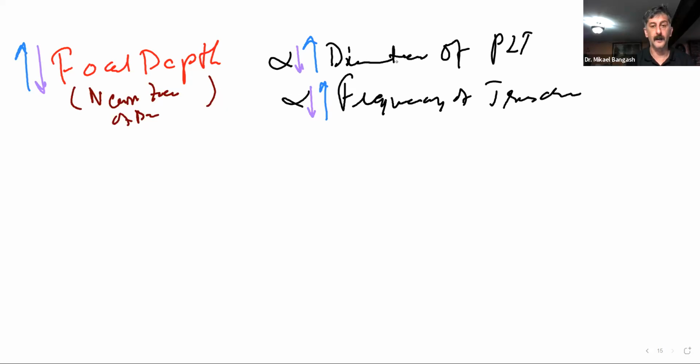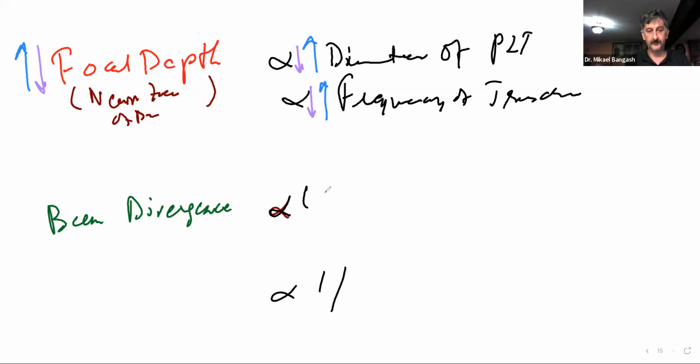Whereas, on the other hand, we can say beam divergence. Now, beam divergence, my dear girls, is related to the very same things that we had up here.